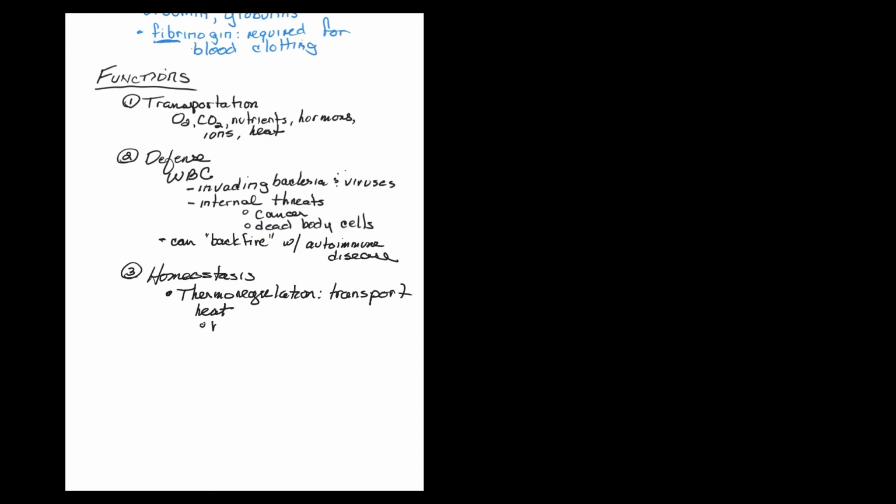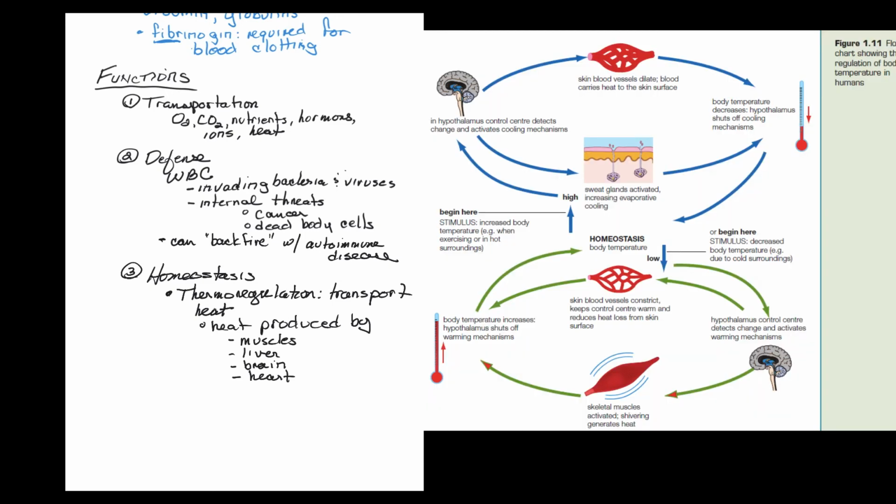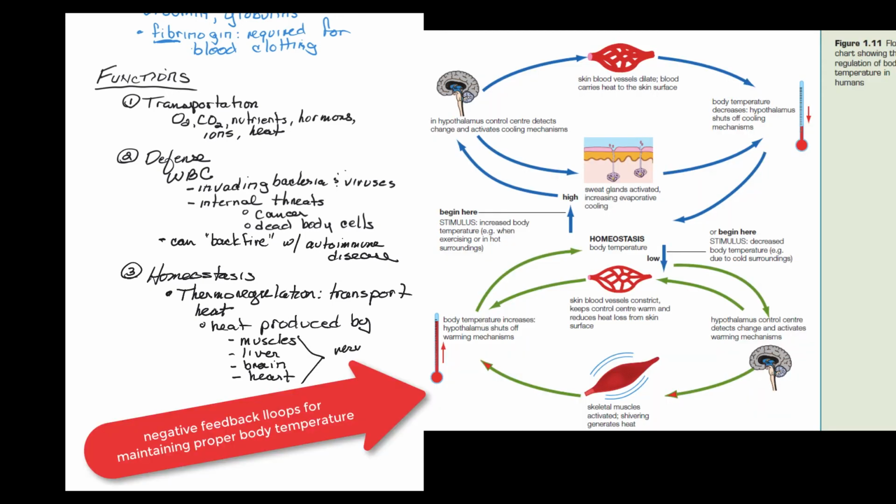However, one of the major ones is regulating heat. So most of your heat is produced by your muscles, by your brain, by your liver, and your heart. So the job of the blood is to move that heat around to every other part of your body.